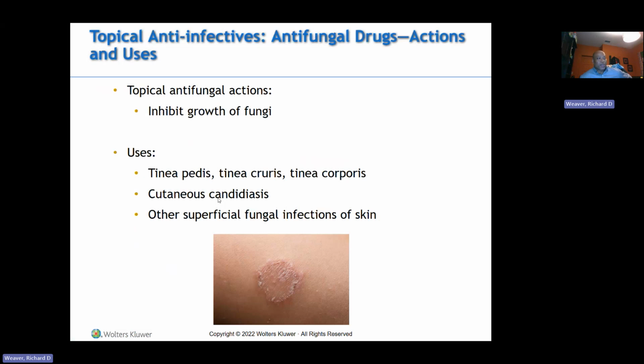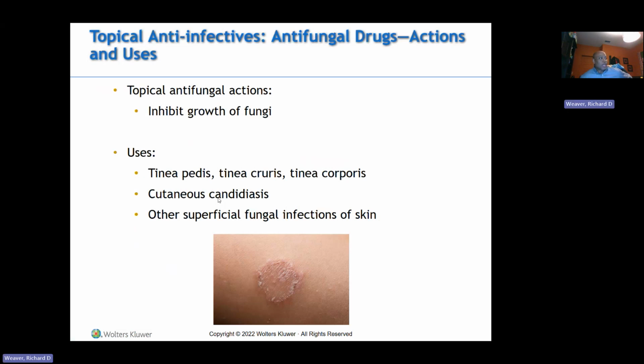And so these topical preparations are used against any of these microorganisms. But here, of course, we're specifically speaking about antifungal drugs, the actions of these drugs as well as the uses.